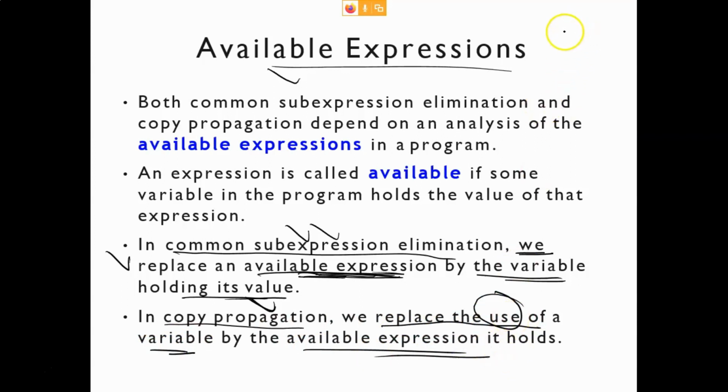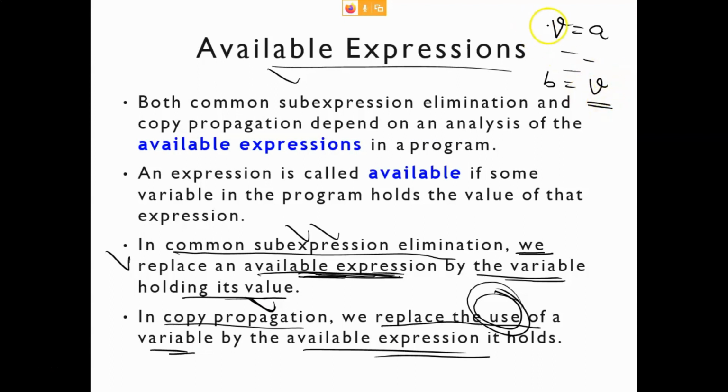Let me take one example and show you. When you have this type of statement, you can read this definition of copy propagation: we replace the use of a variable. So this is the use, you can see.